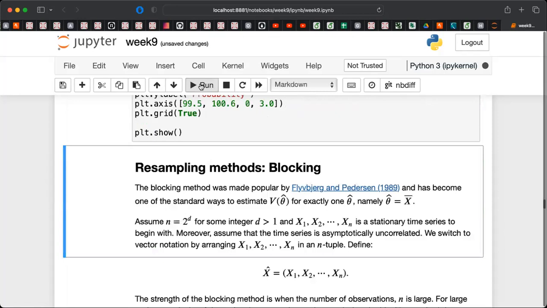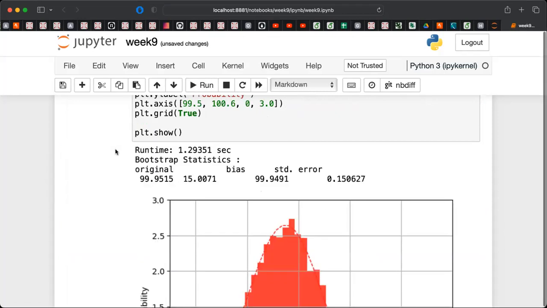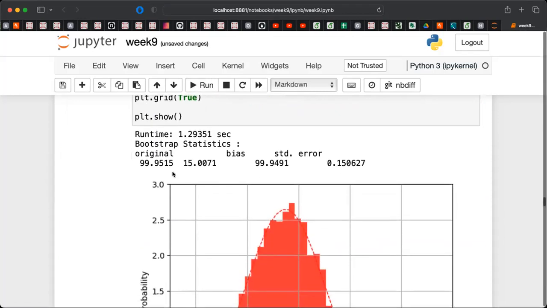What you would see when you run this calculation is something like this. This is the original one. I don't get exactly 100 because I have only 10,000 data points. If I rerun this with 100,000 instead of 10,000, I should get a result closer to 100.